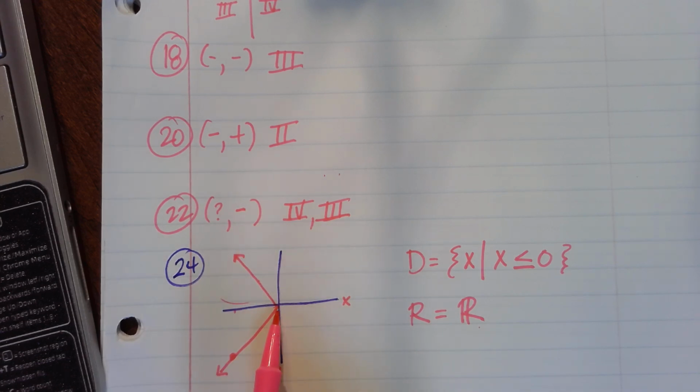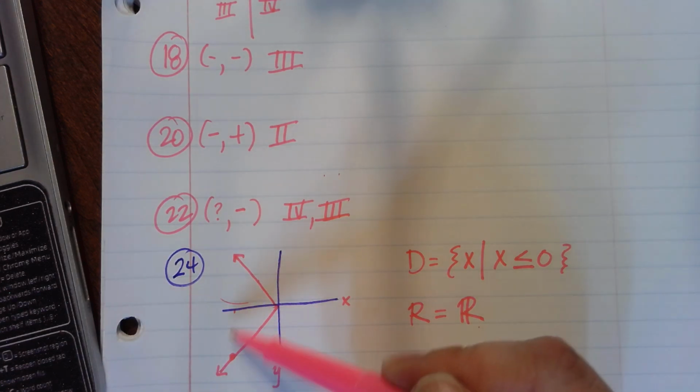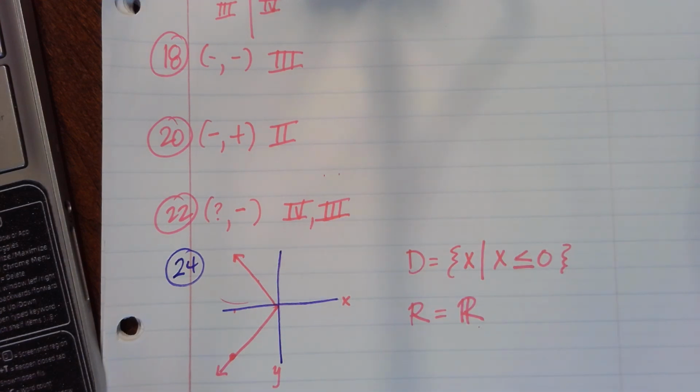Same thing down here. Here's my x. It's definitely going to be 0 or a negative, but my y could also be a negative. So really, it could be any number. This R tells me that it's a full set of any real number. Any real number that exists, the range falls under that.